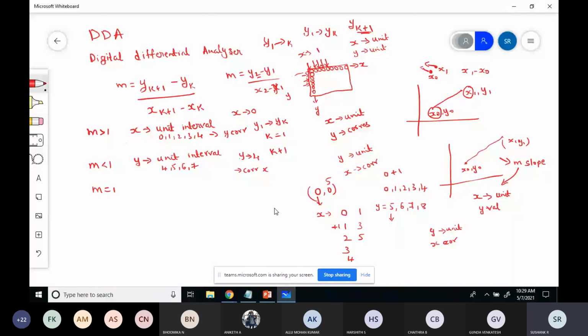If m is equal to 1, both x and y will move in unit direction. We'll solve the problem, but as of now, you should know this. I'll just clear this part.